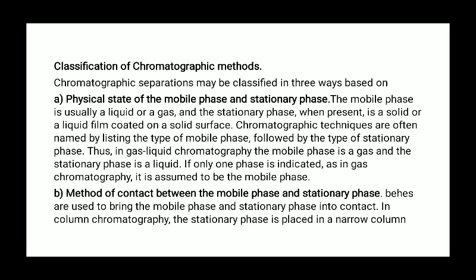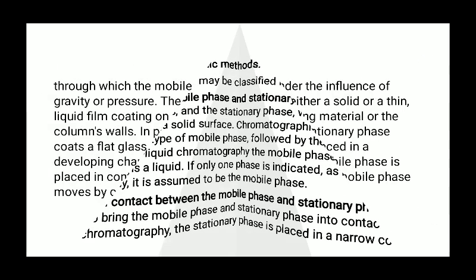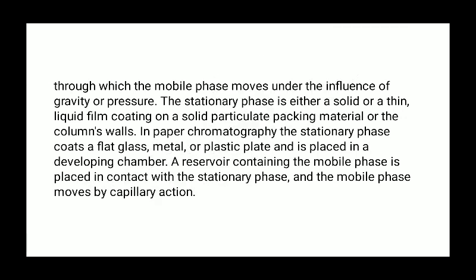Methods are used to bring the mobile phase and stationary phase in contact. In column chromatography, the stationary phase is placed in a narrow column through which the mobile phase moves under the influence of gravity or pressure. The stationary phase is either a solid or a thin liquid film coating on a solid particulate packing material or the column's wall.